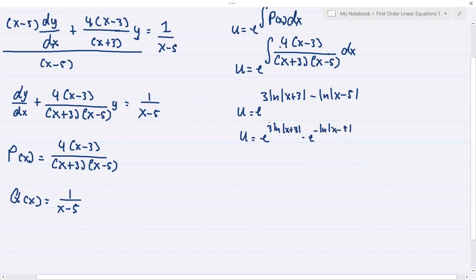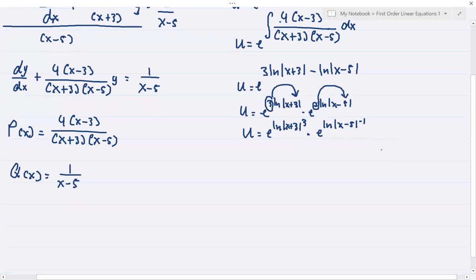So what we can do now is apply one of the laws of logarithm wherein the exponent you're going to put it here. The negative exponent you're going to put it here. So we will have u is equal to e raised to ln of x plus 3 raised to 3, times e raised to ln of x minus 5 raised to negative 1.